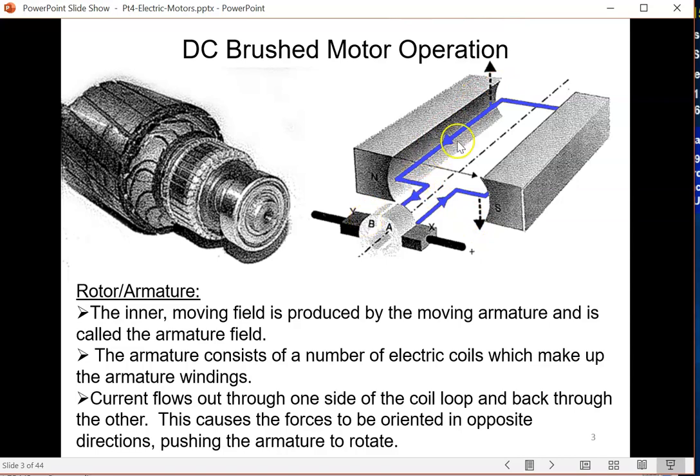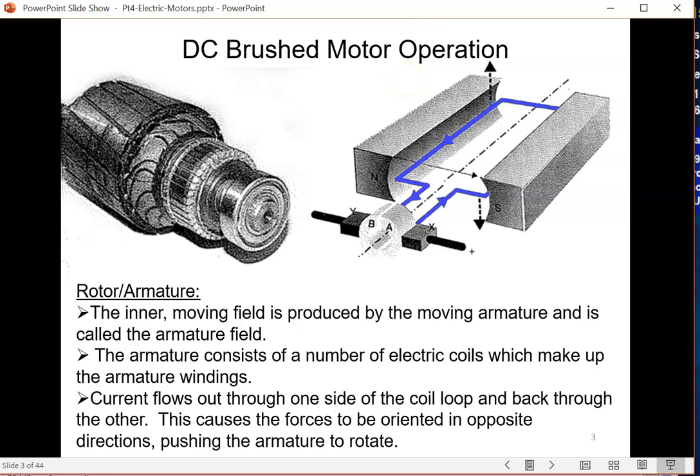On the other side, because the current is flowing in the opposite direction in the magnetic field, one is going away, the other one is coming back, so the force will be in the opposite direction. When this side is going down, this side is going up. One side going up and the other going down causes a rotational torque. That's the driving effort that makes the rotor rotate. Okay, so that's basically how it works.